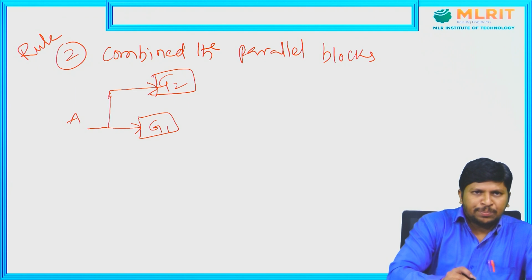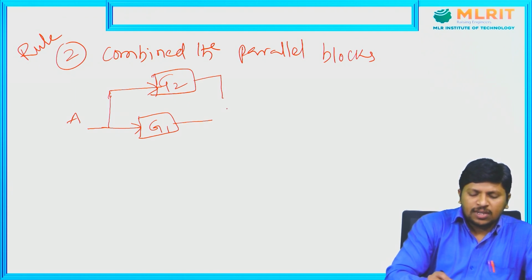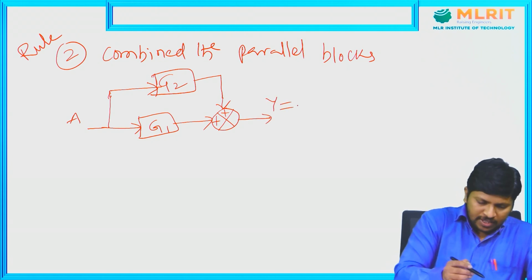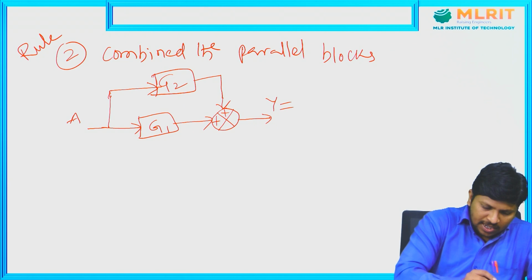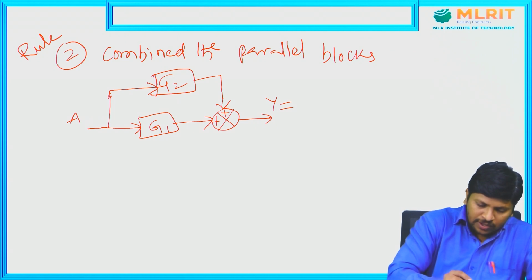Direction is very important. Now these two signals are just added at the summing point. What is the output here? Observe, the same signal A is applied to G1, so the output is AG1.